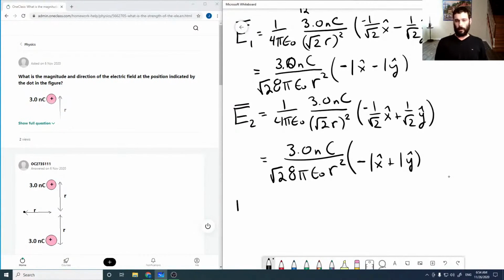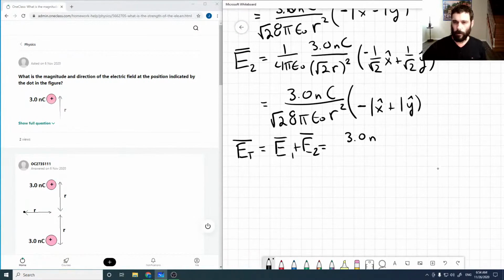Alright, so now our E total is just the sum of these two, which is 3.0. Maybe I'll make a new line so I don't run out of space and don't have to squish too much.